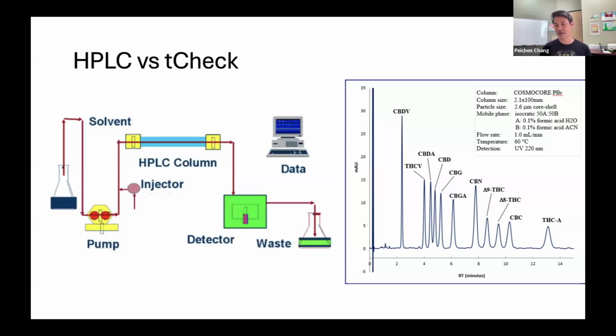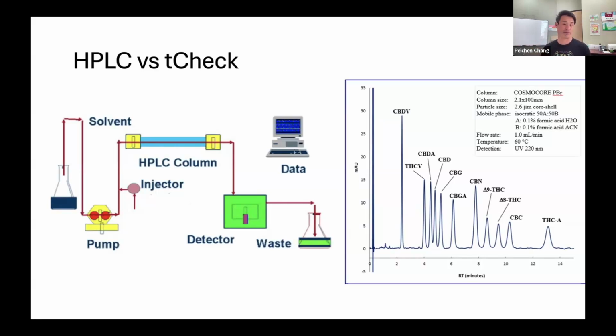For example, CBDV always gets released off the column first because it can't grab onto the column very well. Next comes THCV, CBDA, CBD, et cetera. It's always in the same order, and that's sort of key. Finally, at the very end, THCA holds on the strongest, so it gets flung off last.